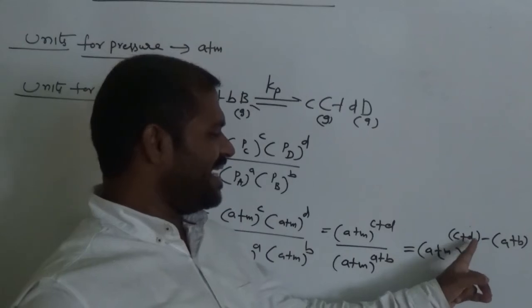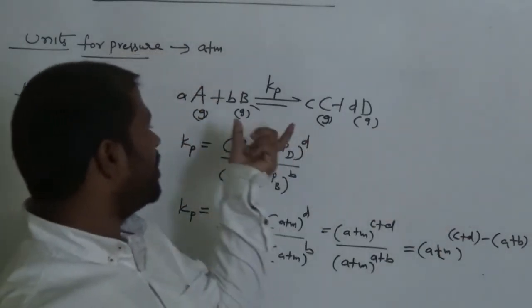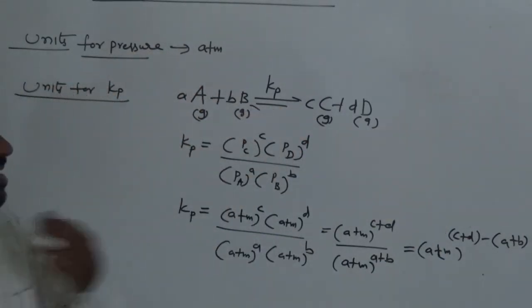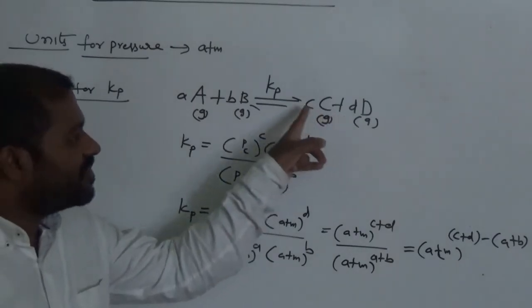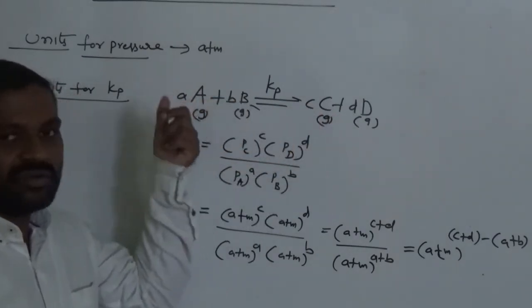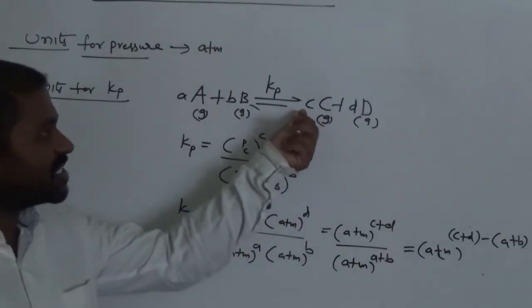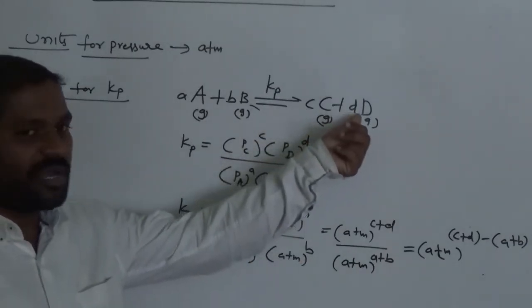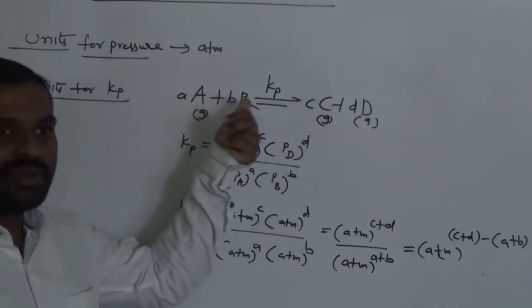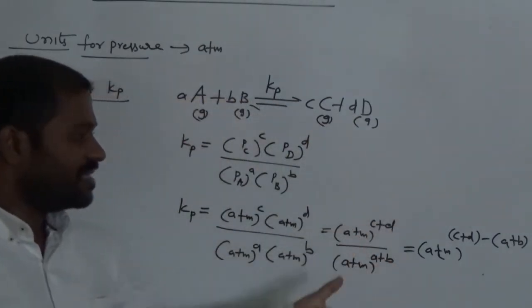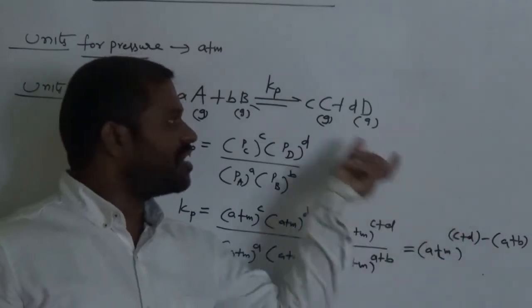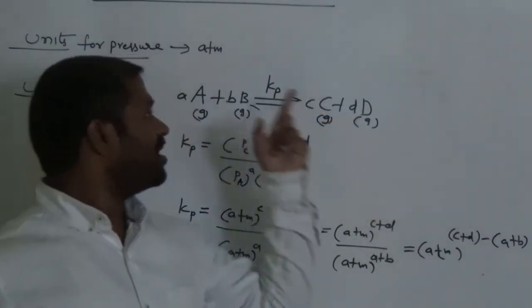What about c, d, a, b? These are the stoichiometric coefficients of reactants and products. c and d are the stoichiometric coefficients of products. a and b are the stoichiometric coefficients of reactants. Am I right? That means number of moles of C, number of moles of D, number of moles of A, number of moles of B. So it is the difference in number of moles of products to the number of moles of reactants.